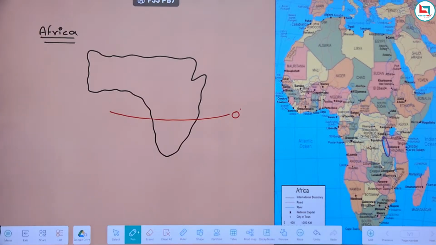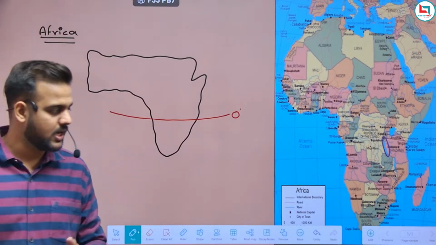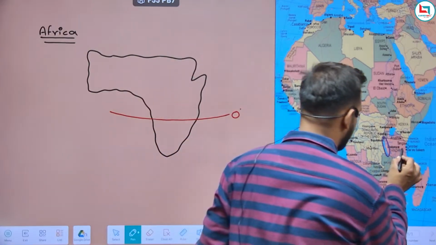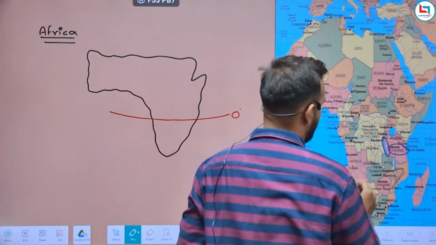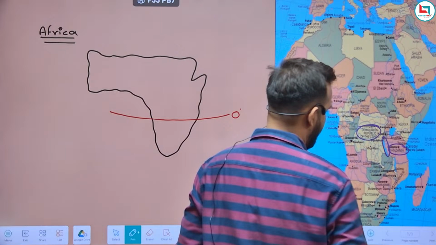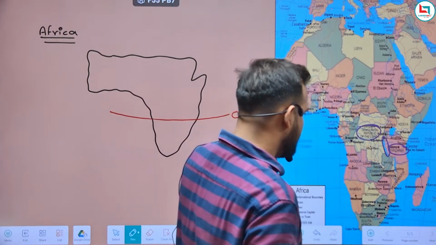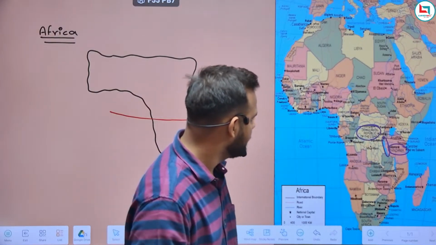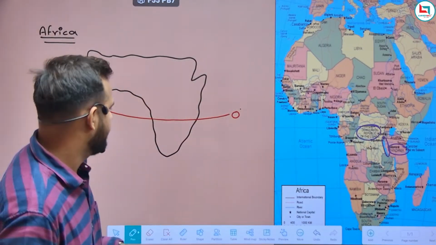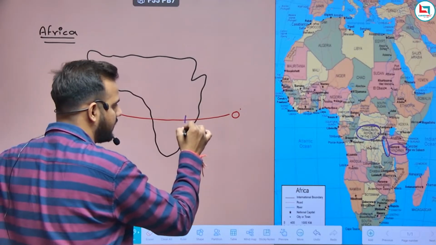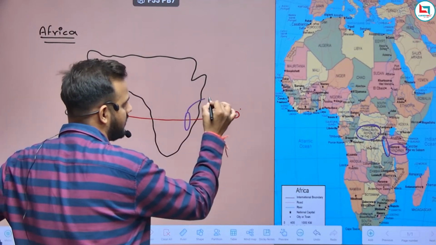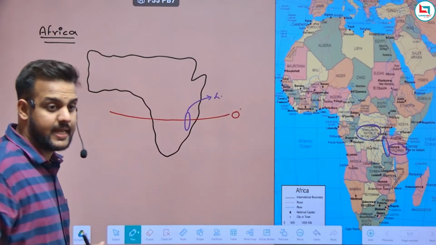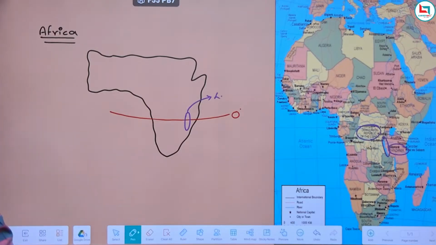This particular lake is present on the border of Tanzania and the Democratic Republic of Congo, and it is also present on the border of Zambia. Here we have Tanzania, here we have the Democratic Republic of Congo, and here we have Zambia. The name of this particular lake is Lake Tanganyika.